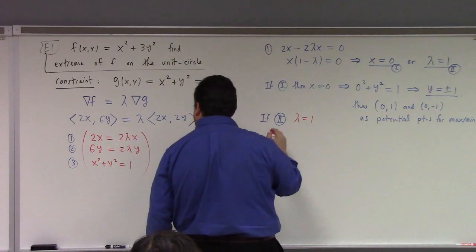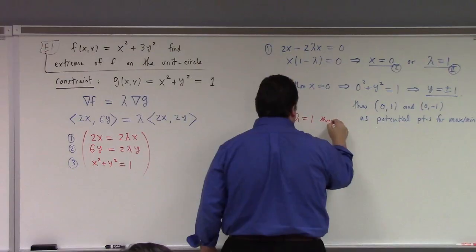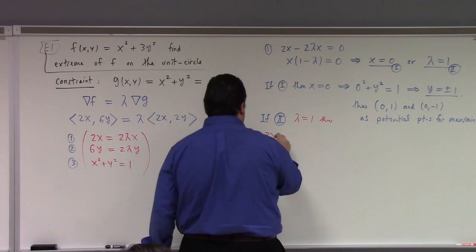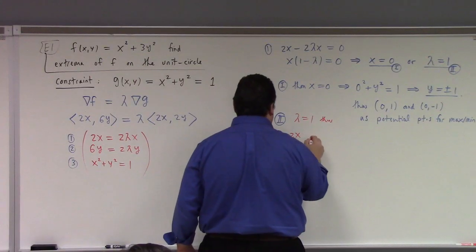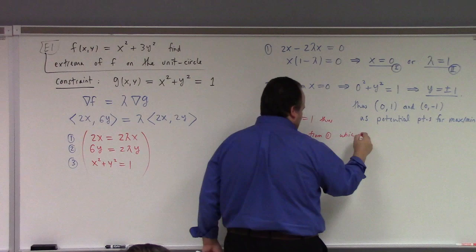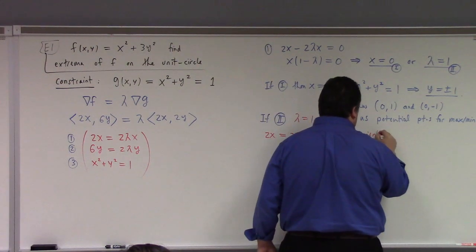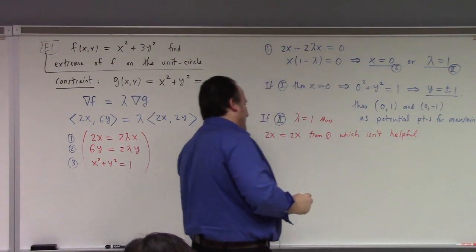And then what do we have? We have 2x is equal to 2x, from equation 1, which isn't particularly useful. So that one doesn't really help us, does it?